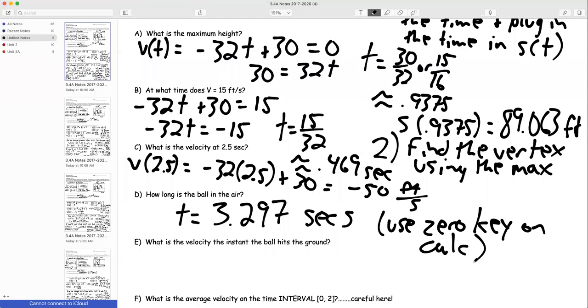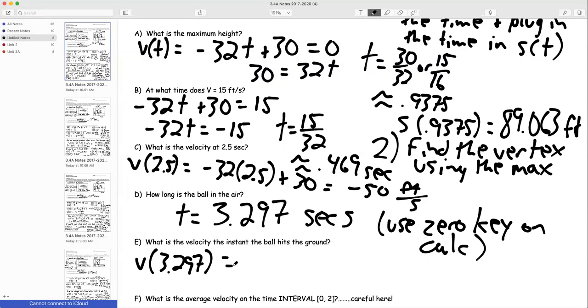And part E says, what is the velocity the instant the ball hits the ground? So it hits the ground at 3.297 seconds. And I want to know the velocity. So I'm going to find the velocity at 3.297.